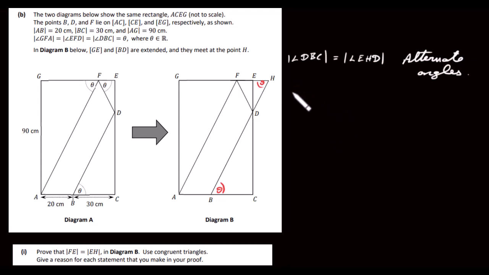The next thing I'm going to say is the size of the angle HED, this angle here, is equal to the size of the angle FED. Why? Well, they're both equal to 90 degrees. And why is that? Well, given that it's a rectangle.